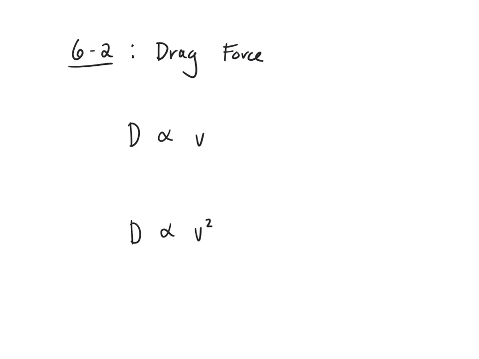In the second scenario, we're talking about higher velocities and more turbulent flow of the air around the object. You've probably all heard the phrase turbulent, but I know you didn't necessarily cover fluid mechanics last year. Turbulence has to do with the flow of the air around the object.